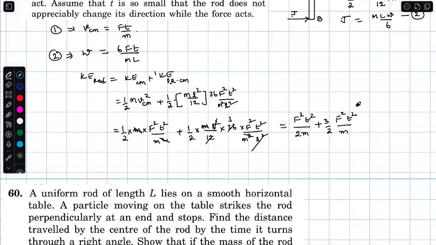Now what you are going to get is 2 times F square T square by M. Please confirm. Have you understood this question or not?